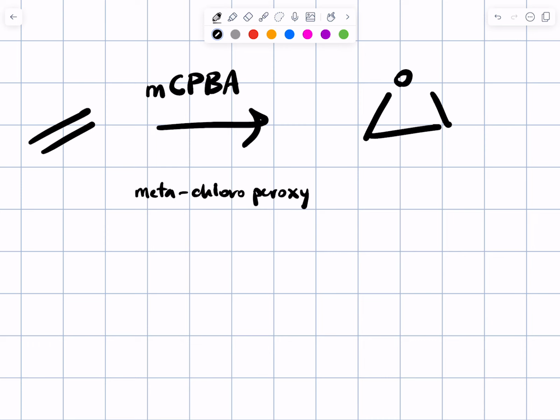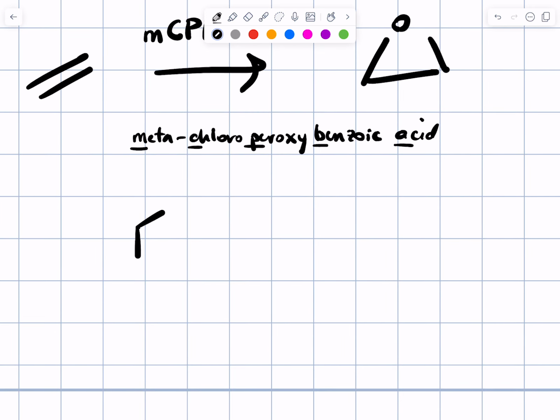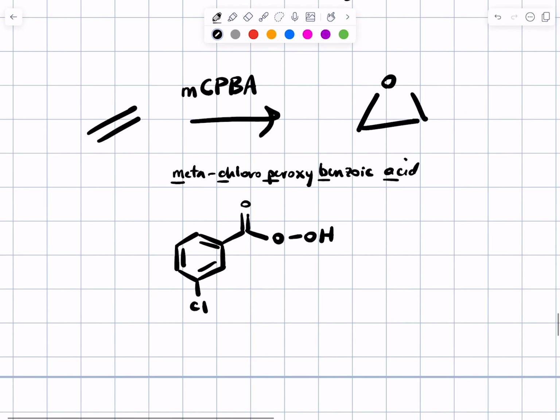Meta-chloro-peroxy-benzoic acid, MCPBA. I'll draw the reagent for you. There's the meta-chloro, here's the benzoic acid part, and here's the peroxy part. So that's what the reagent looks like. And the business end of the molecule is this oxygen-oxygen bond.